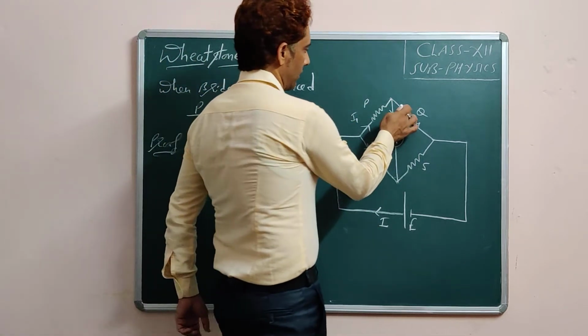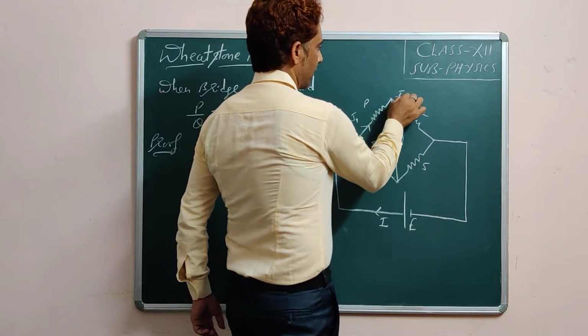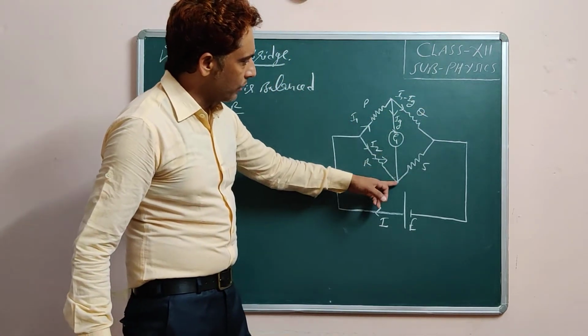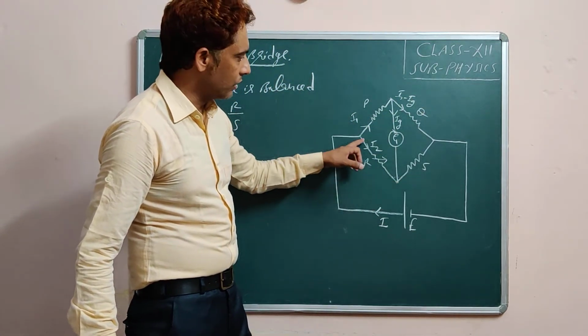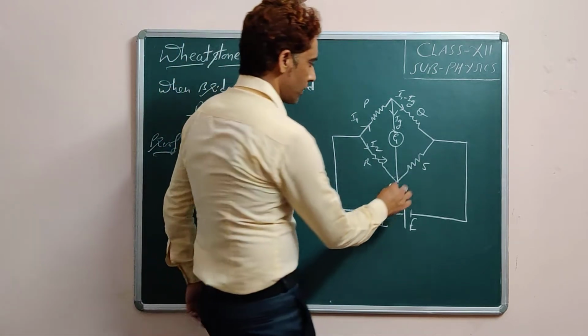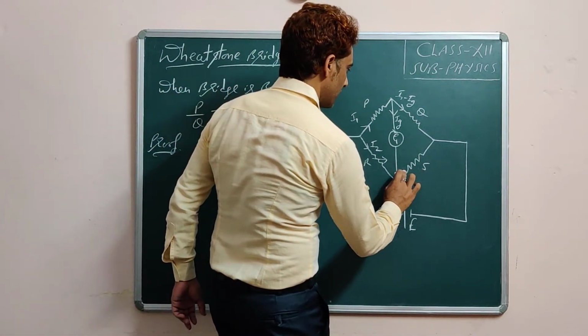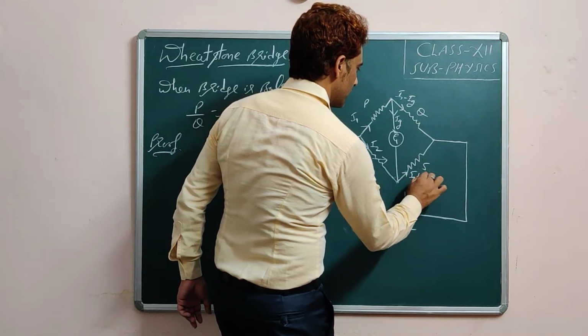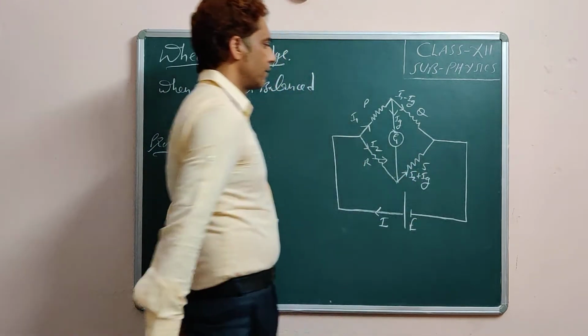So the current in this branch will be I1 minus Ig. Here Ig is moving toward this junction, I2 is also moving toward this junction. So the current through this branch is I2 plus Ig.